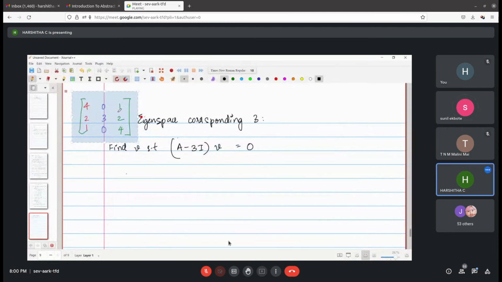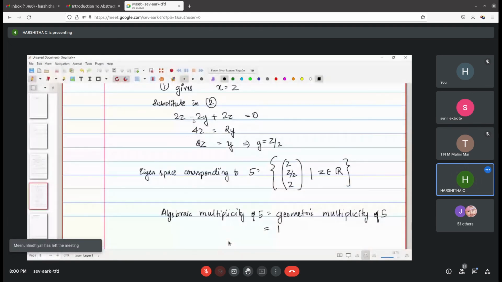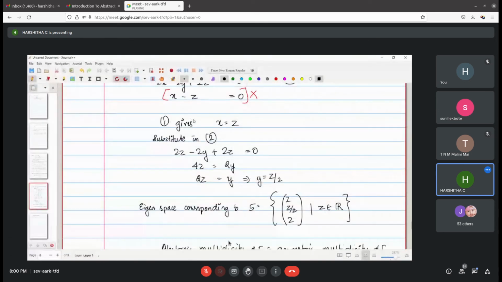Okay, you want me to write it out directly? So the equations will turn out to be... Y is 2z.